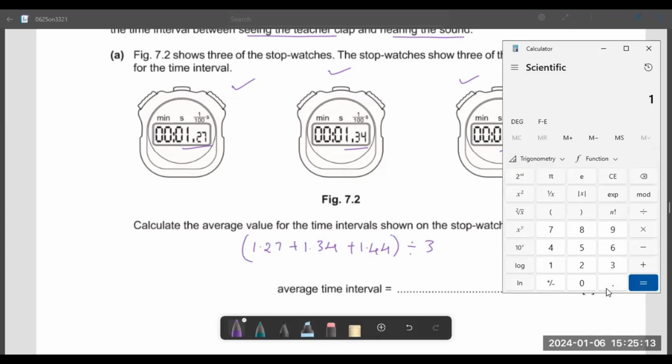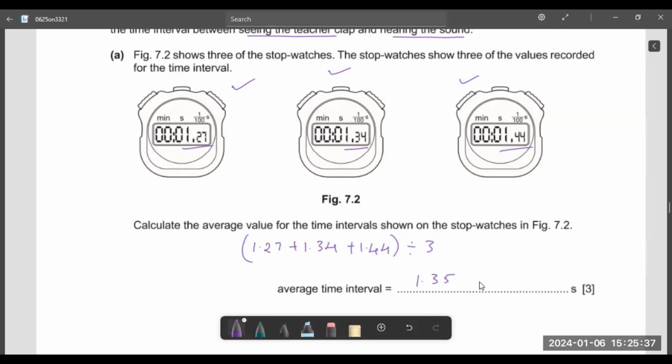That is 1.27 plus 1.34 plus 1.44, divided by 3. That is 1.35, and this can be rounded off and written as 1.4 seconds.